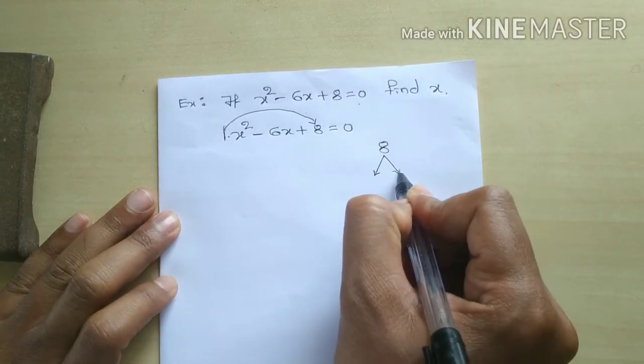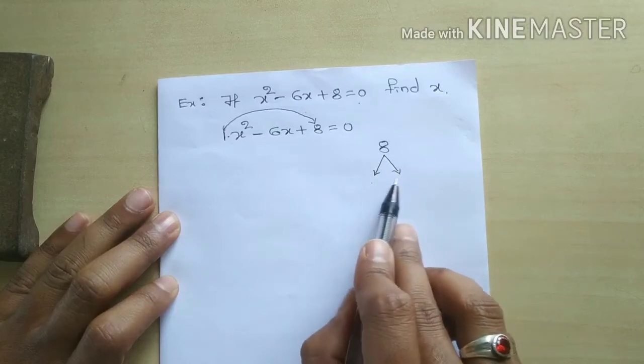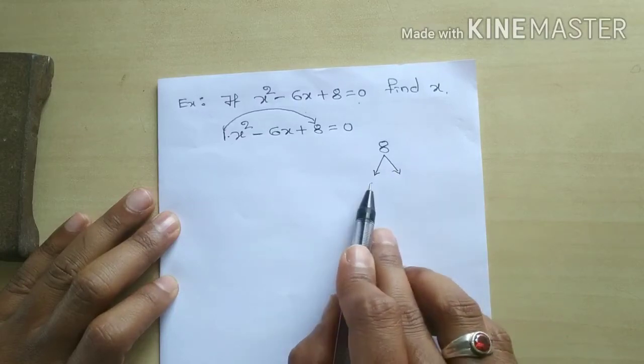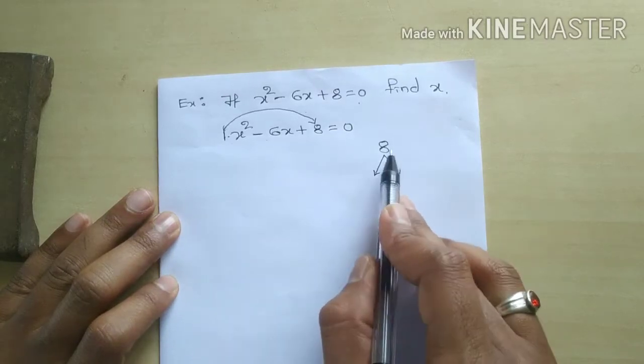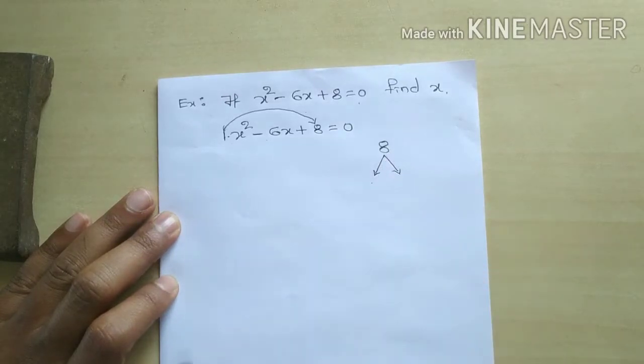You have to split this number in such a way that if you add or subtract these two, you get the middle number. If you multiply these two, you should get 8.